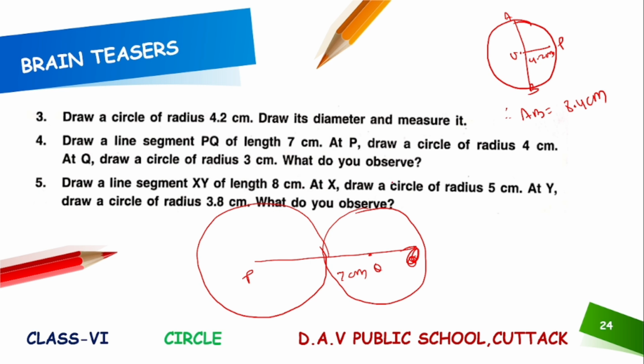Now the question is, what do you observe? They touch externally to each other. So write down, they touch externally to each other.